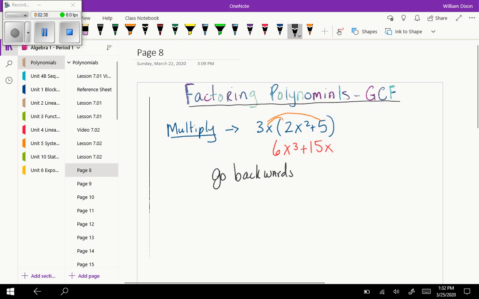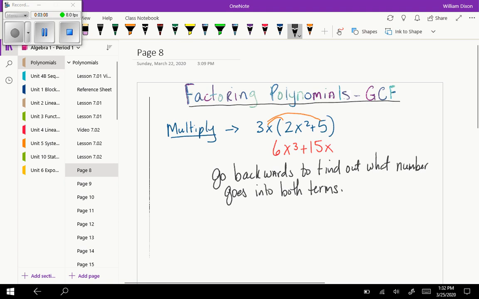To find what number goes into both terms.